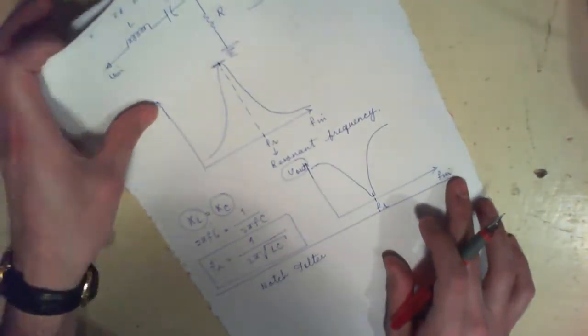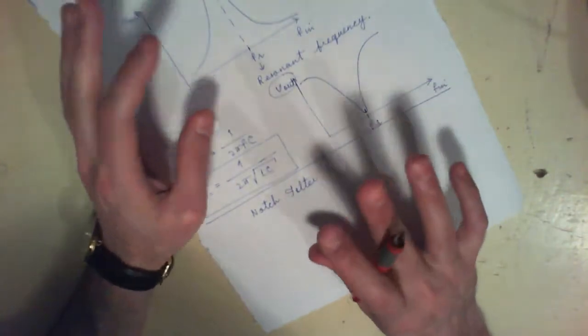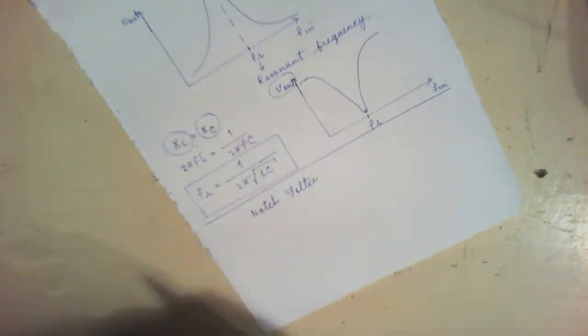And the circuit has the same components, a resistor, a capacitor, and an inductor, but in a slightly different configuration.